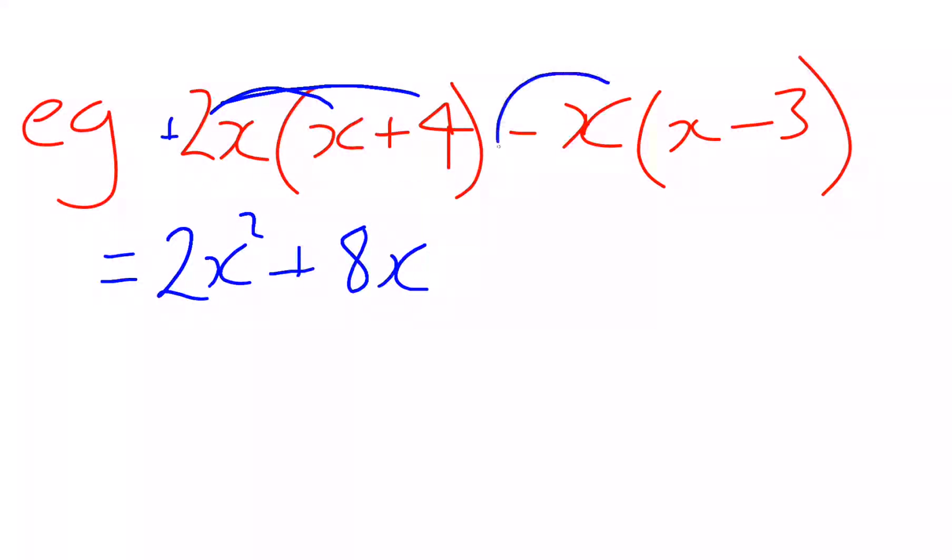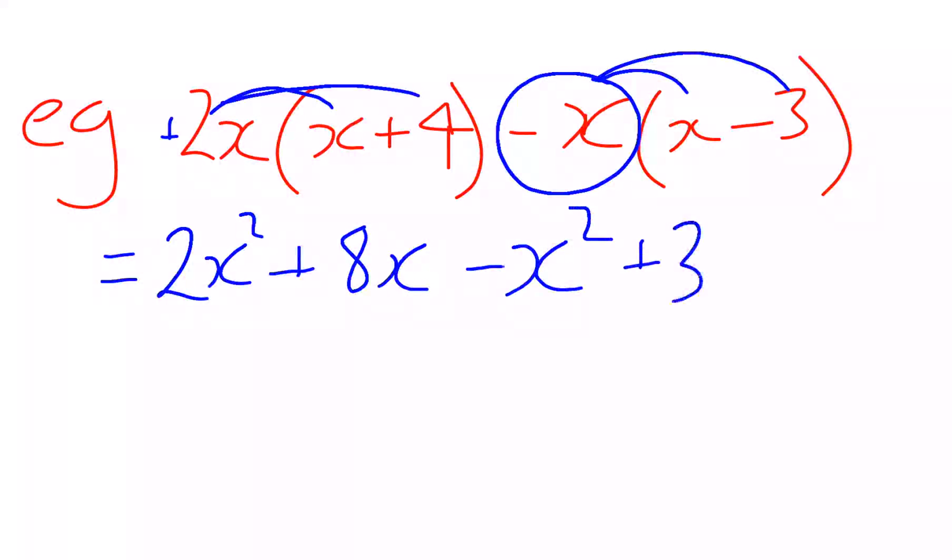Now I need to do -x times x. That's minus x squared, and -x times -3, that's plus 3x. Notice we need to be very careful about what's happening there, that we're multiplying by -x.